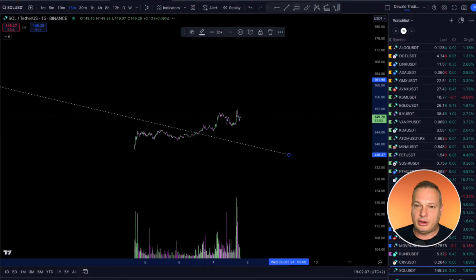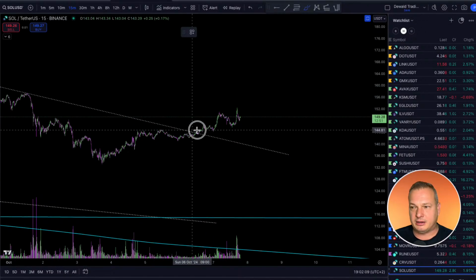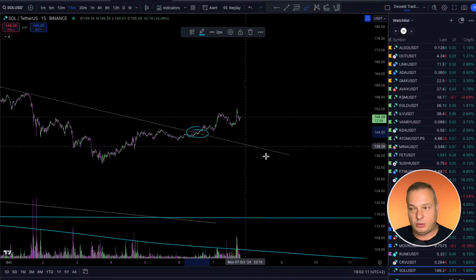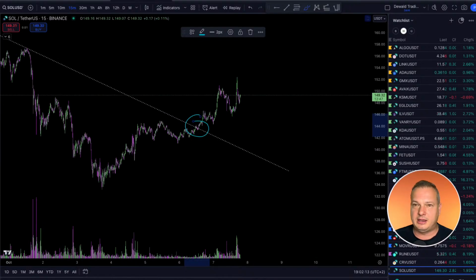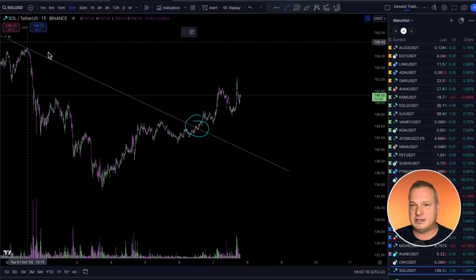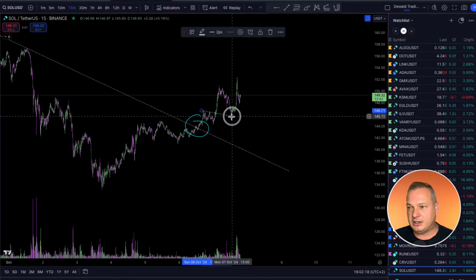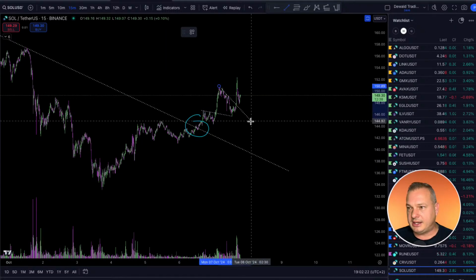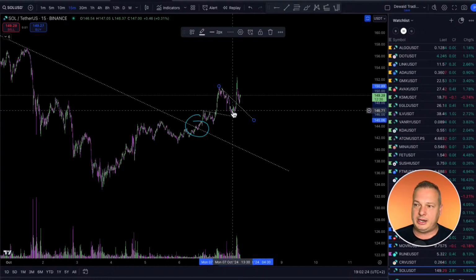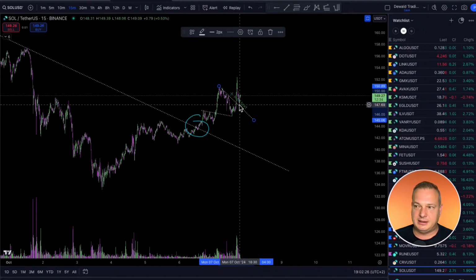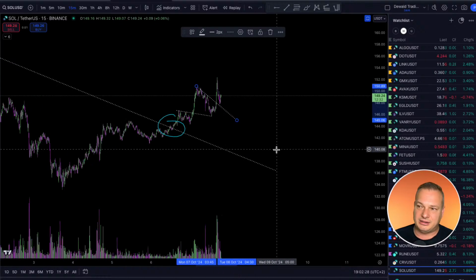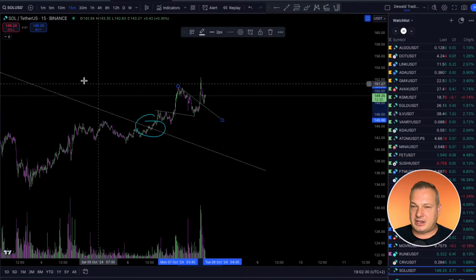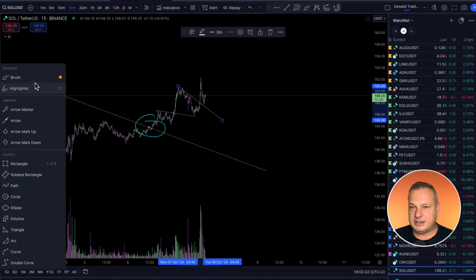I don't FOMO into trades when I miss the breakout. If I miss the breakout, there's always another opportunity. There were a couple of trend line breaks. Price slows down, it consolidates, you play the breakout. And it already did the breakout and the retest. It could continue, but this is the entry you wanted, right?